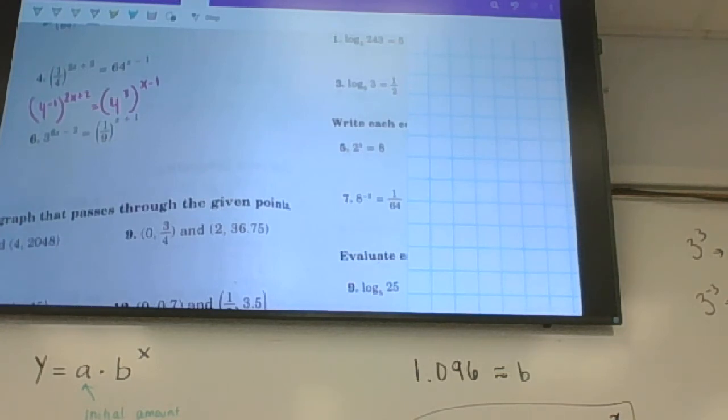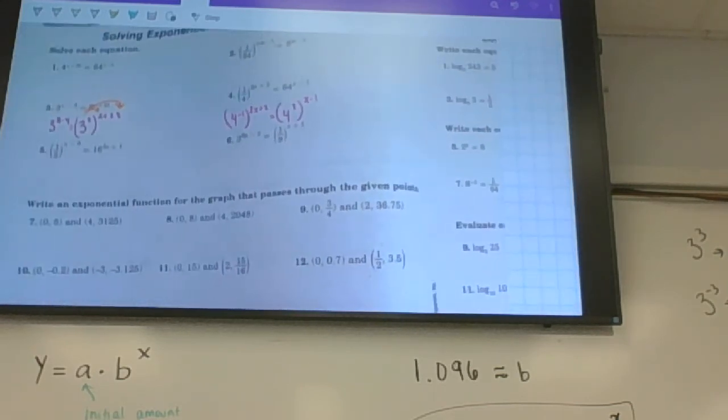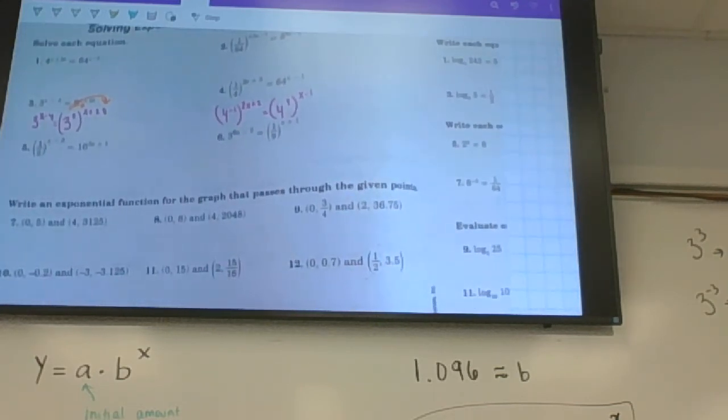You get the same answer either way. But fractions require negative exponents. Well, isn't the x value of the second coordinates, isn't that the x value? Yeah, exponent. X. Yeah.